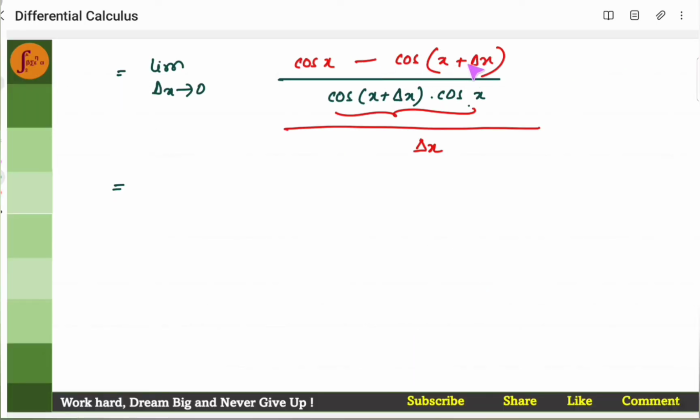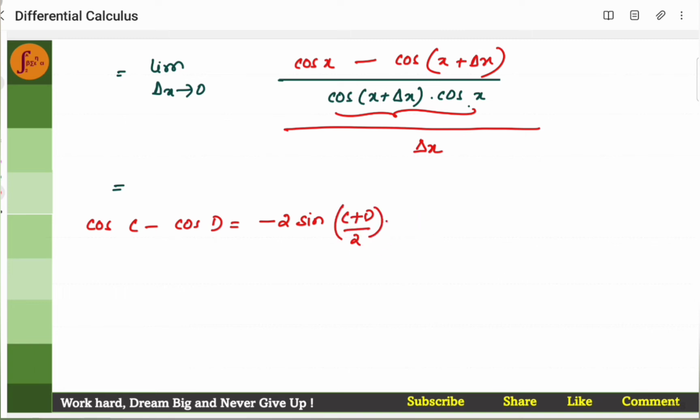Now if you observe, this is of the form cos c minus cos d. What is cos c minus cos d? Cos c minus cos d is minus 2 sine of c plus d by 2 into sine of c minus d by 2. So this is the trigonometric formula based on transformation. Instead of c, we have x, and instead of d, we have x plus delta x. So this is c and this is d. So we will substitute.